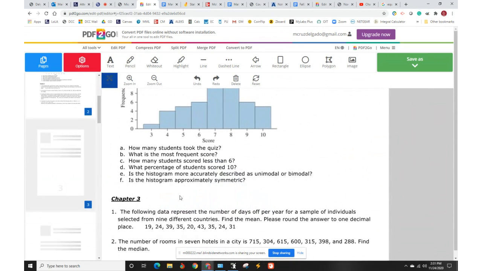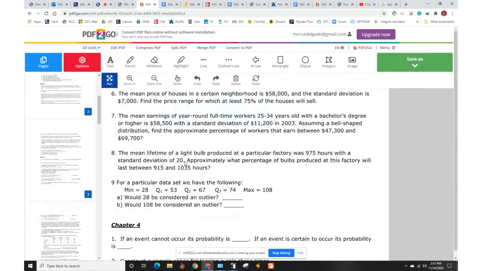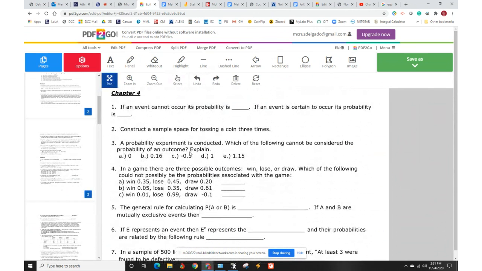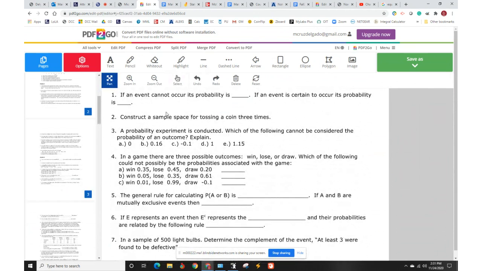I'm going to use this because I can edit right on this. So the sample space, just to kind of get you thinking a bit. So you could have head, head, head. Well, we don't need that.